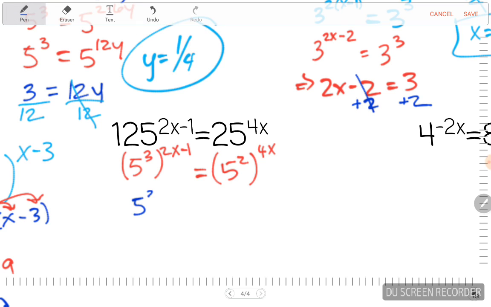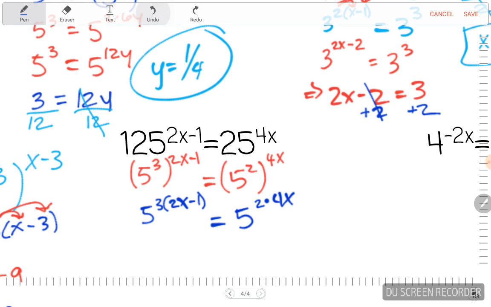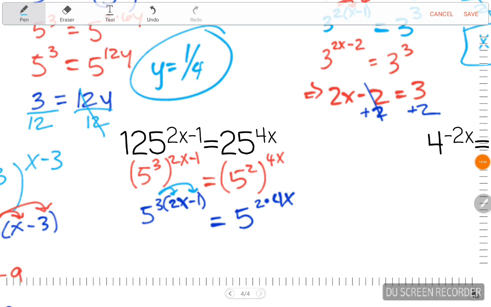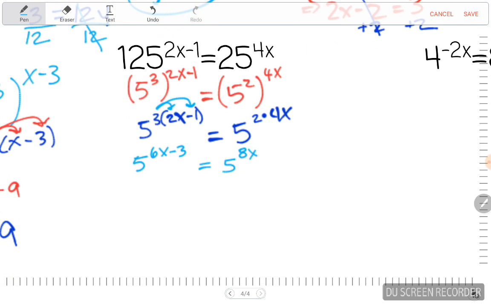So this is 5 to the 3 times 2x minus 1 equals 5 to the 2 times 4x. Okay, when I distribute this, I get 5 to the 6x minus 3 equals 5 to the 8x. Those are equal, then it must be that the exponents are equal.